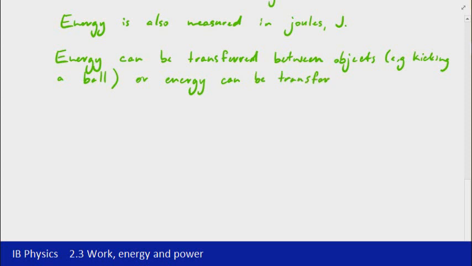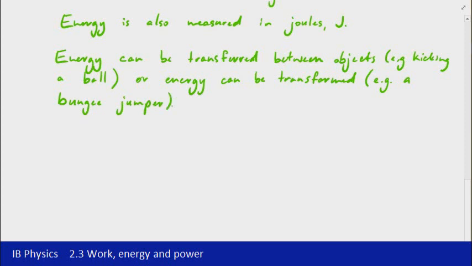What we mean by transformed is that it changes the type of energy, but not necessarily changing between objects. An example there would be something like a bungee jumper. Initially a bungee jumper would have gravitational potential energy because they're raised a certain height in a gravitational field.